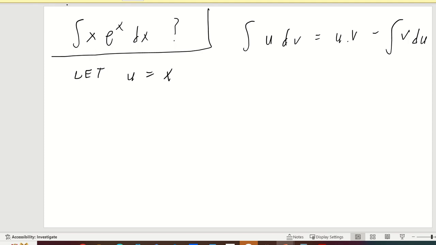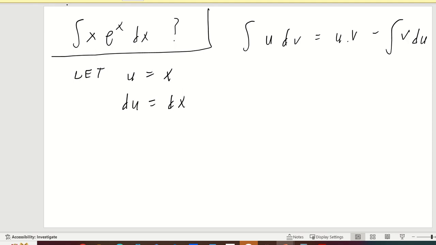If we let u is equal to x, that will produce a simpler form when we apply the integration by parts formula. I'll show you if we chose the reverse later on and how we get a more complicated scenario. So if u is equal to x, du is then equal to dx.